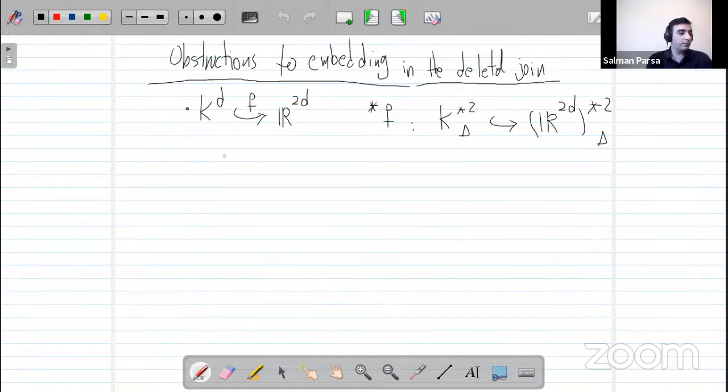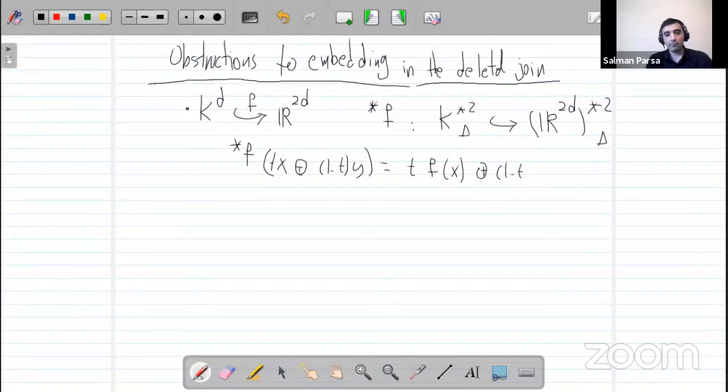So the formula for it would be, let's say, of X. And because this is an embedding, we will never touch the diagonal here, and so this is well defined.